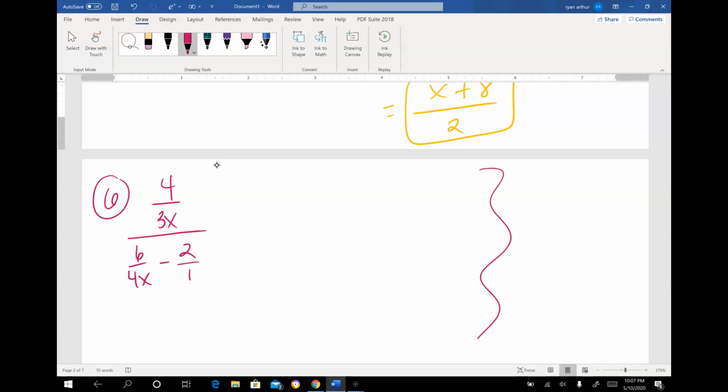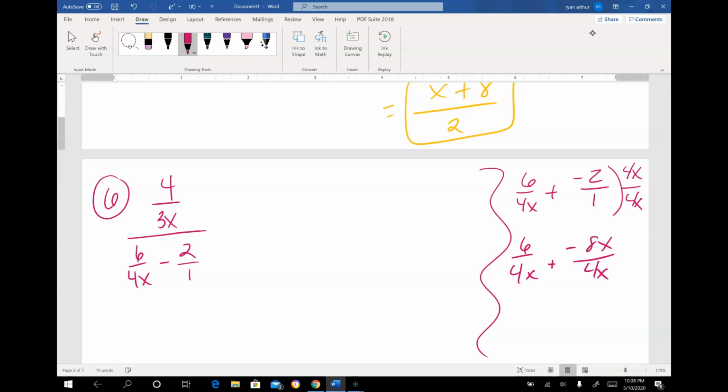So we're going to come over here. 6 over 4x, and we do the keep, change, change. Now, 4x can't be made to look like 1, but we can multiply 1 by 4x and get 4x. So now I have 6 over 4x plus negative 8x over 4x.